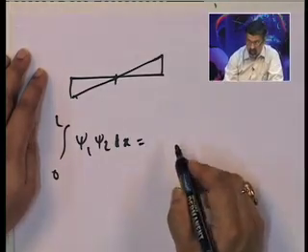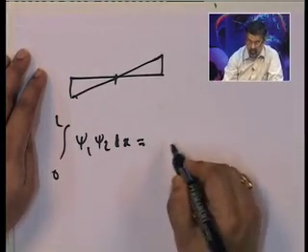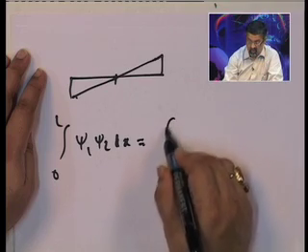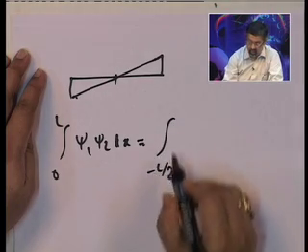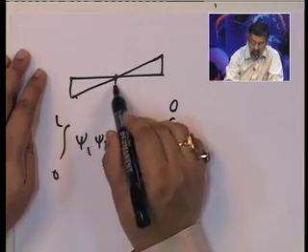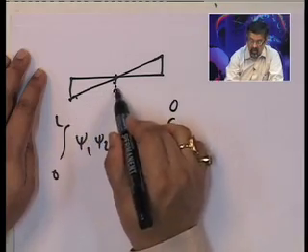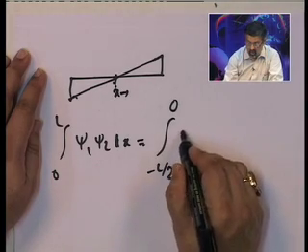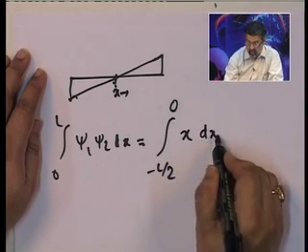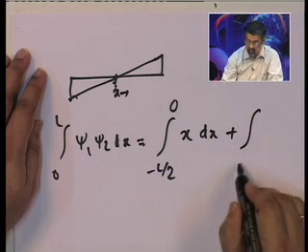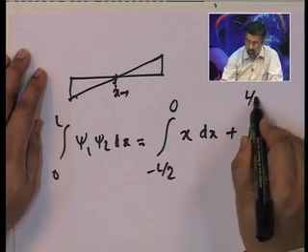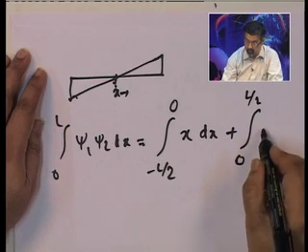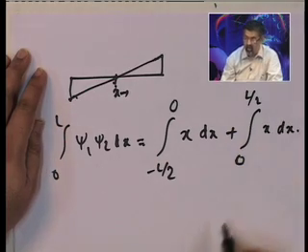The first one goes from minus L by 2 to 0, because x starts from here. So, this is 0 to L by 2 x dx plus 0 to L by 2 x dx.